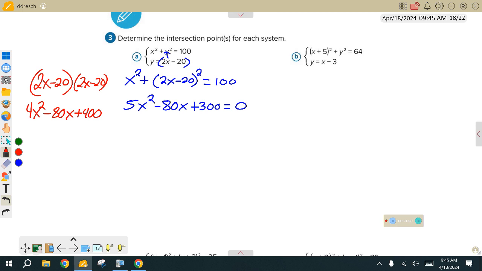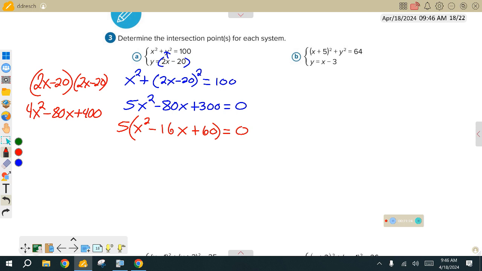If I take out a 5, 80 divided by 5 is 16. 300 divided by 5 is 60. I'd much rather work with that now. That is much easier to work with, isn't it?